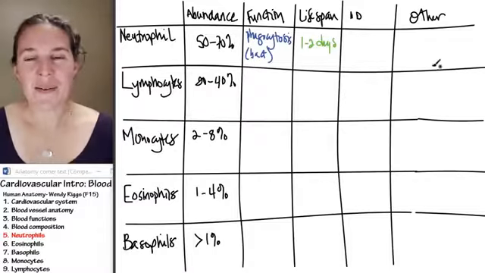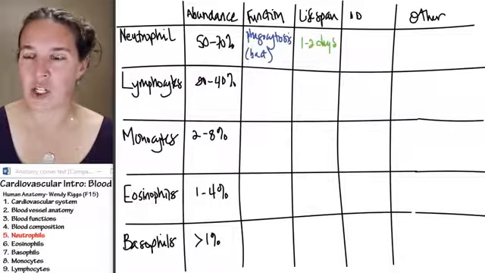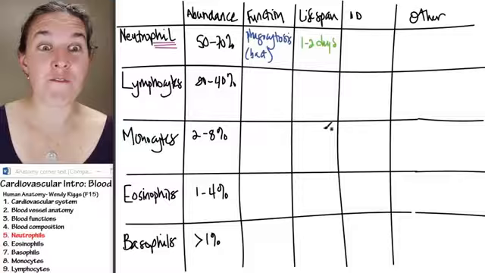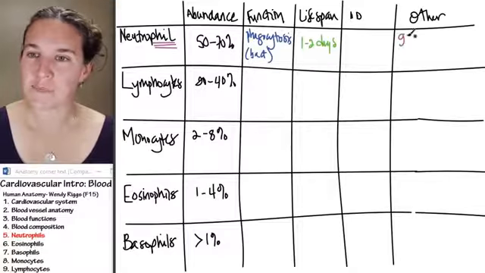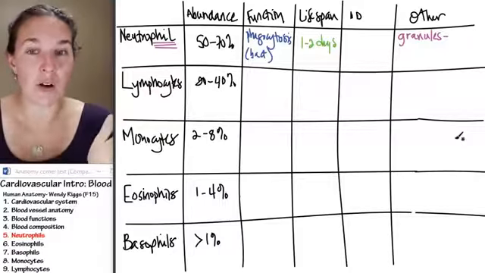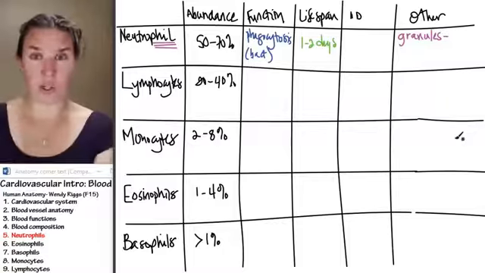They have granules in their cytoplasm, and I'm going to show you that in a second. But something that you'll notice is that things that end with "-phil" are filled with granules in the cytoplasm. And think of granules as like Kool-Aid powder, where when they're inside the cytoplasm, they're like Kool-Aid powder, and then you can dump that Kool-Aid powder out into the blood, and now you've got all these chemicals out into the blood that can go do something.